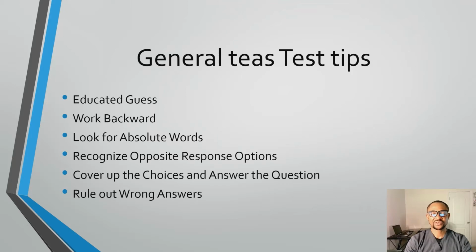So another strategy is to cover up the choices and answers when you are taking the multiple choice exams. When you do this, the choices might make you second guess yourself. If you cover up the choices, you will see that maybe when you read the question, you literally know the answer without looking at the options.